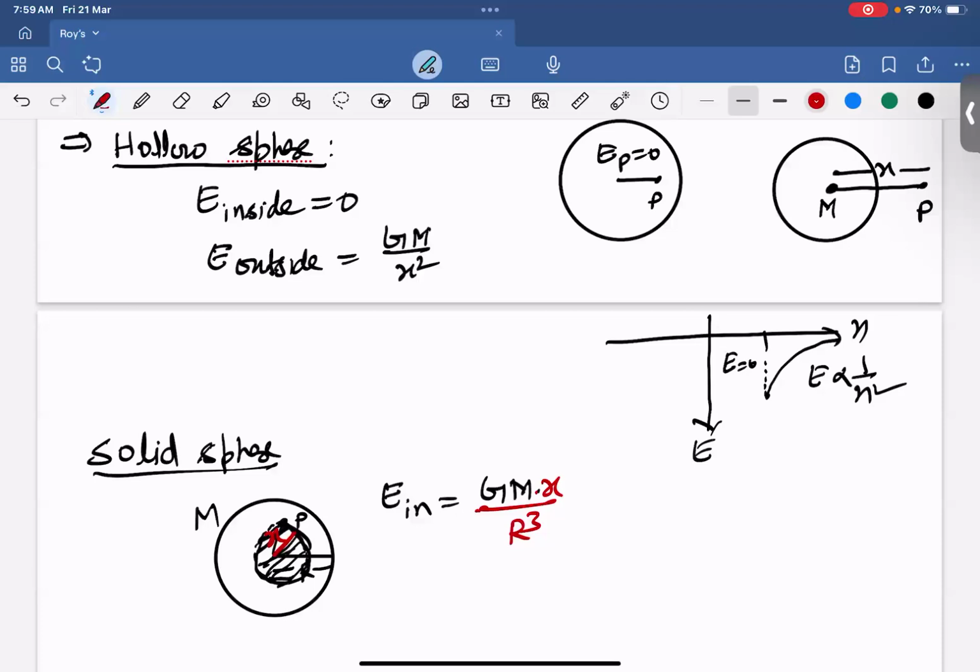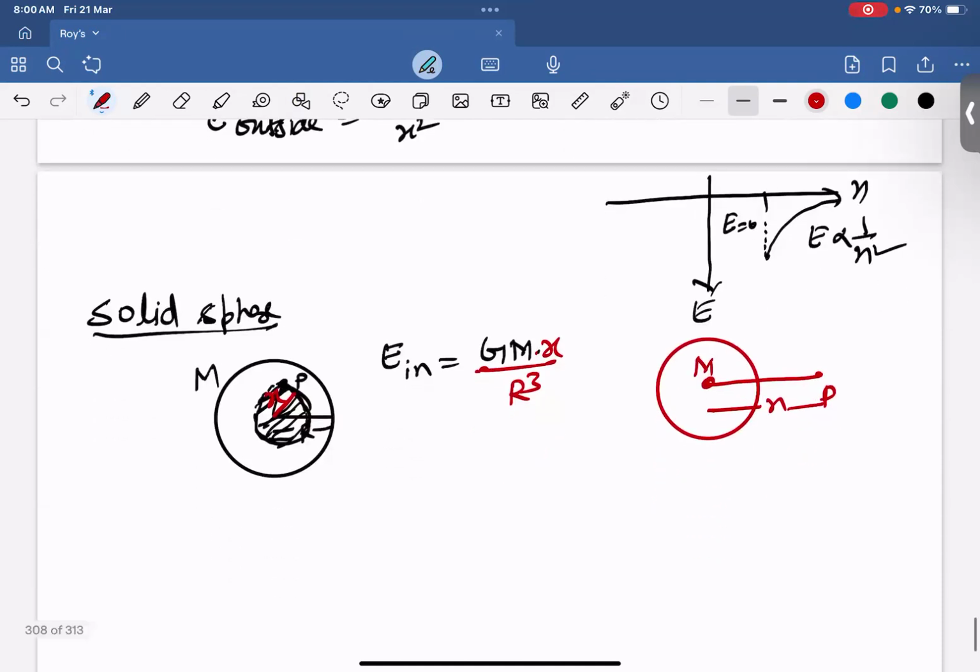That is inside. Whereas if you take an outside point, then there is no change for any outside point. If this point is P, distance is X. So for any outside point, you take the mass concentrated at the center and take it as a point mass only.